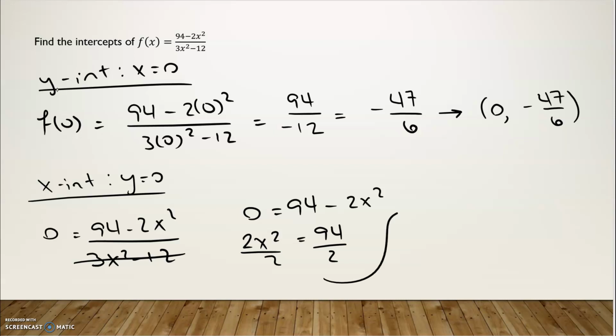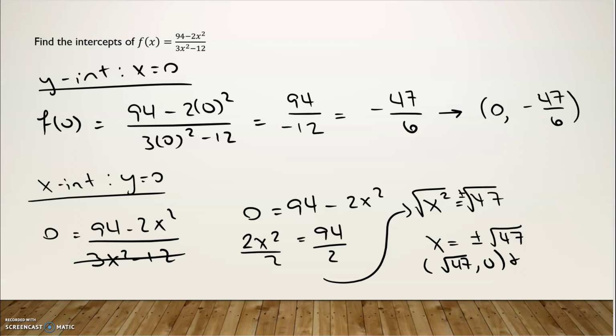So x squared is equal to 47. And then we're going to square root, put your plus or minus. So x is equal to plus or minus the square root of 47. So that means our x-intercepts will be square root of 47, 0, and negative square root of 47, 0.